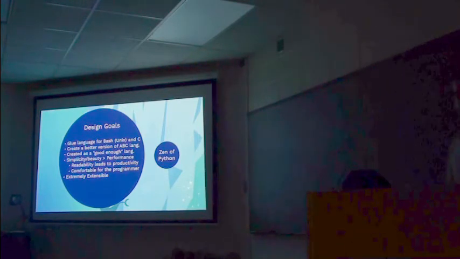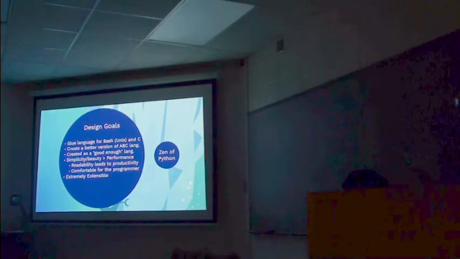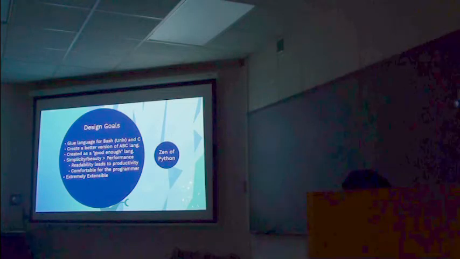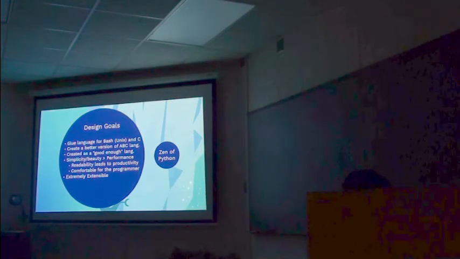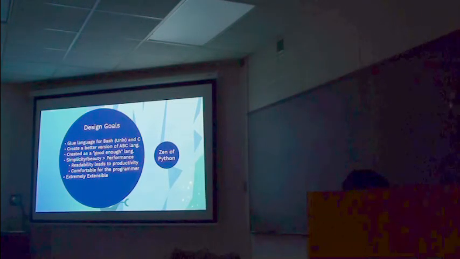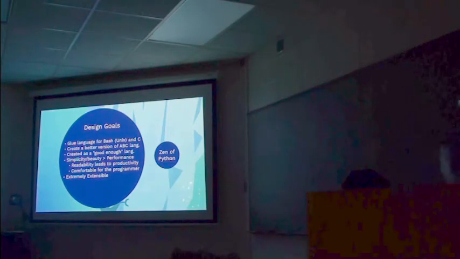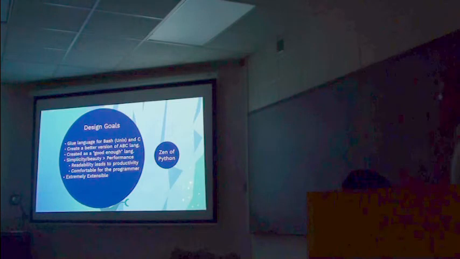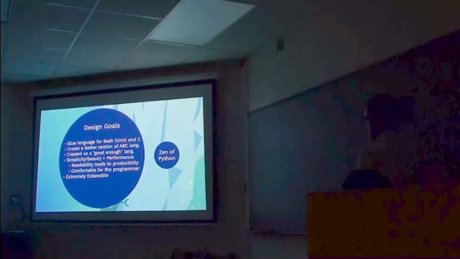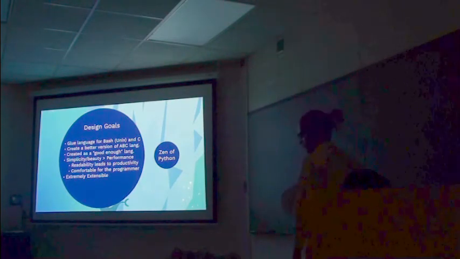So of course, Guido van Rossum started to work on ABC. He saw a lot of its flaws, and he said to himself, I think I can make a better programming language. So he worked to address a lot of the pitfalls that were present at the time. You see the last bullet point I had, extremely extensible, written down.